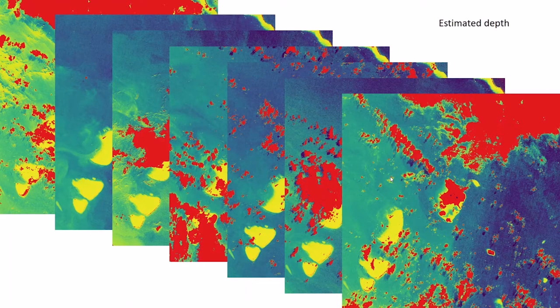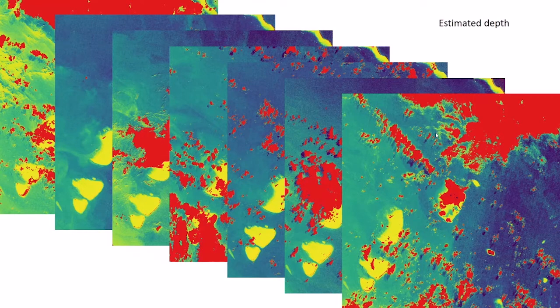It corrects for specular reflection or sun glint off the sea surface, and then it estimates the depth of water on a per pixel basis based on the spectral reflectance of that pixel. After it has the initial estimate of water depth, it then applies a correction for tidal stage at the time the image was acquired to reference everything to mean sea level. But of course, we could reference it to something else if we wanted to.